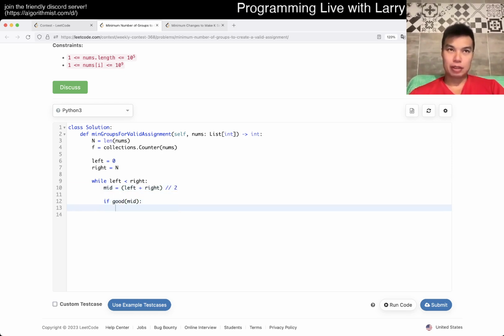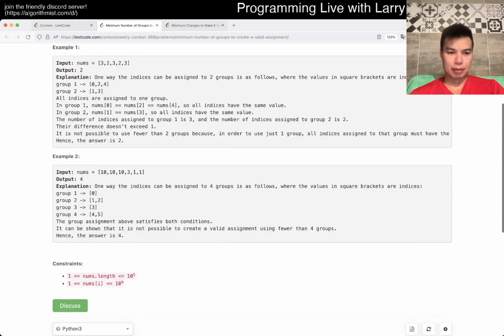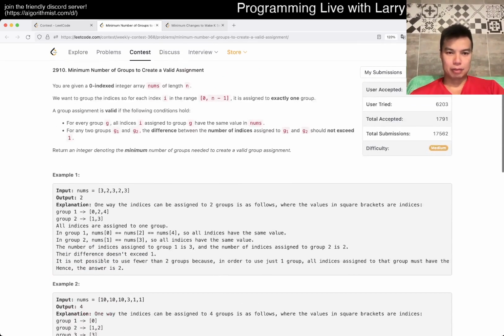So if this is good and this is the smaller number, then we try something bigger. Otherwise this is not possible. And then otherwise return the calculation of left. Okay. Is there an impossible case? Shouldn't be. Okay.